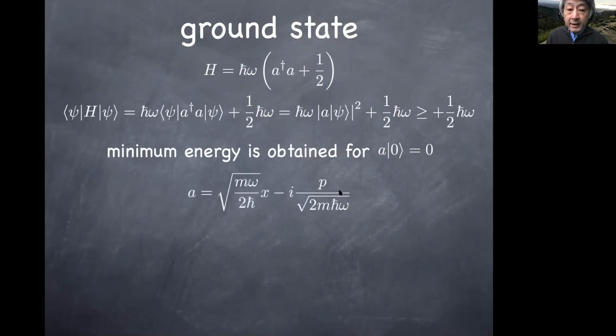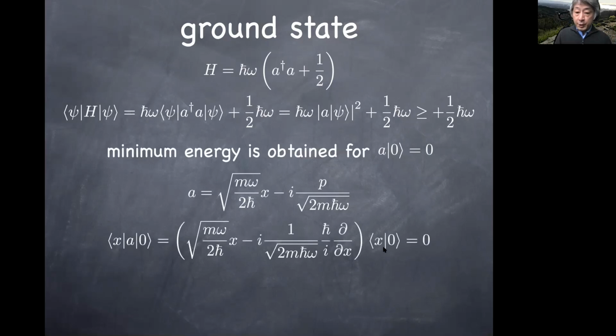And now knowing this definition of the annihilation operator A, you can solve this equation, what this ground state would look like in the coordinate space. So what we know is that the annihilation operator acting on the ground state returns 0.